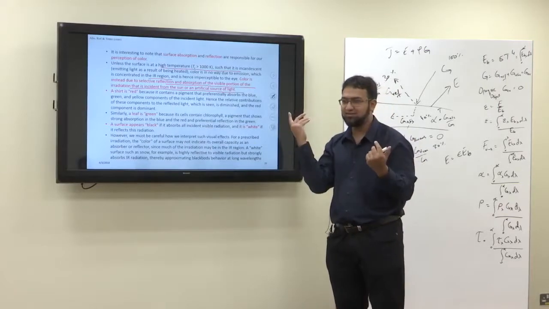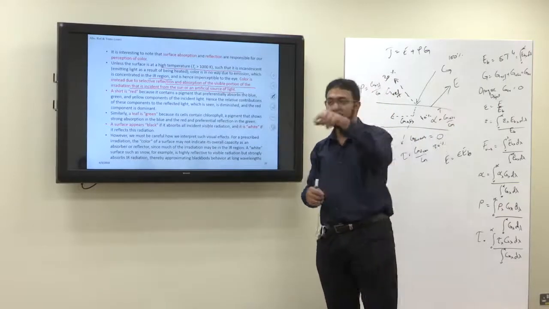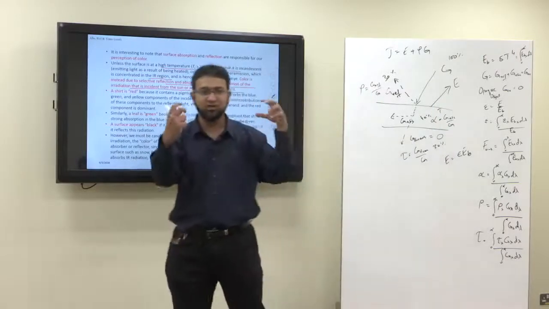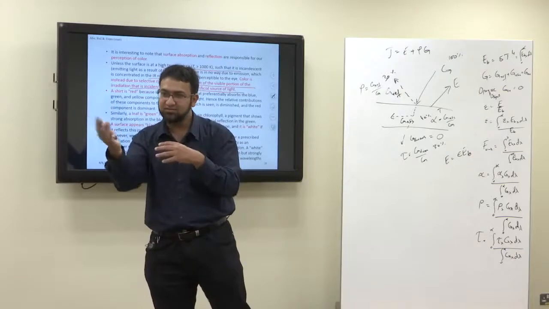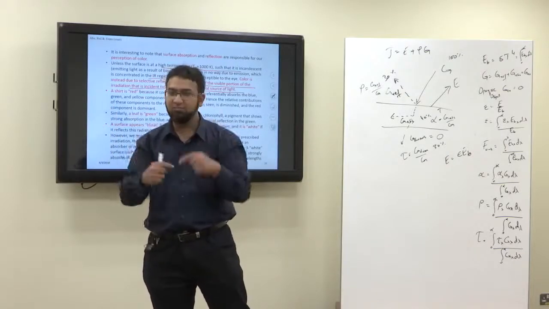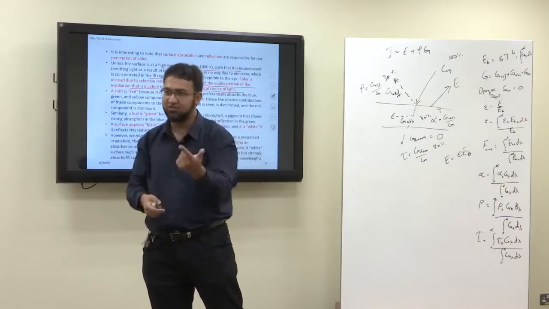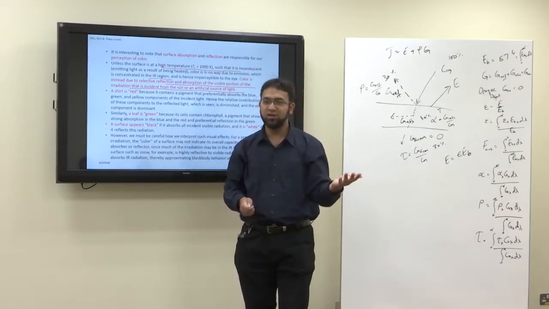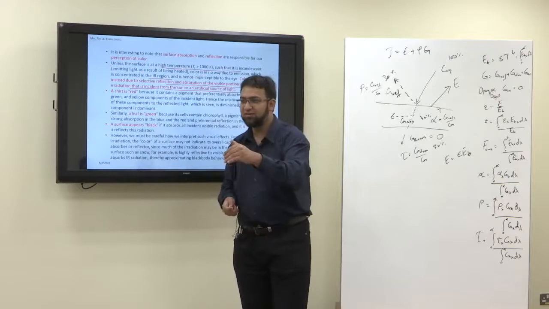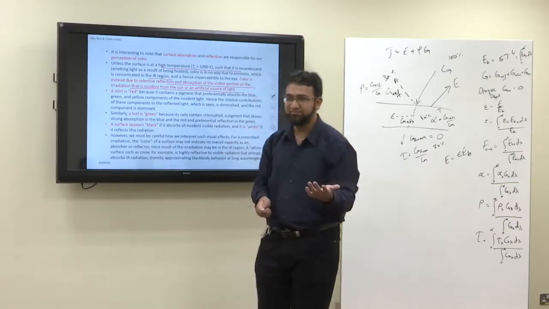That's colorless. It's only because the pigment that you have absorbs some portion of the light and reflects the other. The one which is reflected represents the color. If all of it is reflected, then it becomes white. If none of it is reflected, it becomes black.